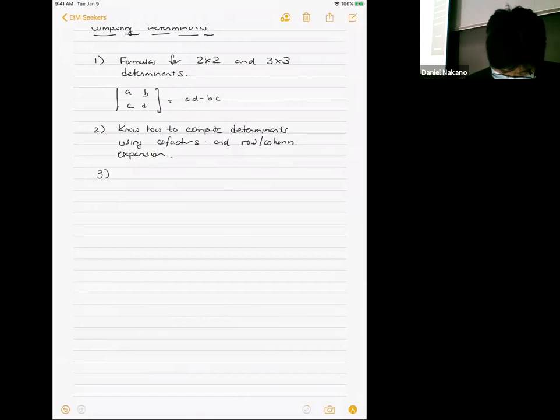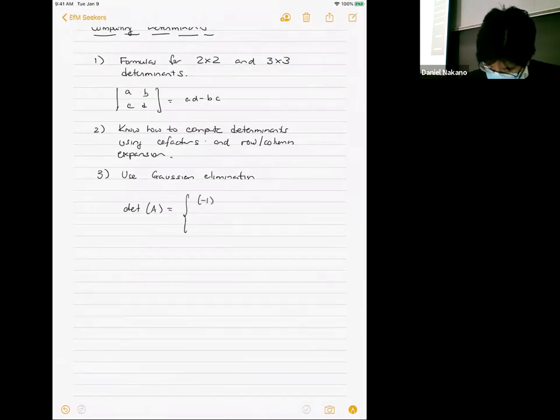Third, you can use Gaussian elimination. There's a nice formula that says the determinant of A is equal to (-1)^r times the product of the pivots. And here r equals the number of row exchanges.